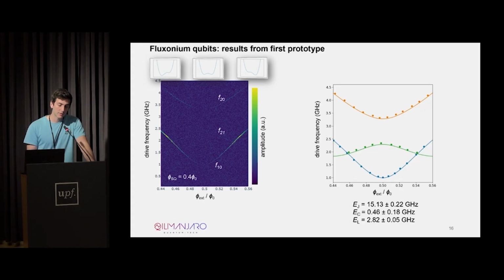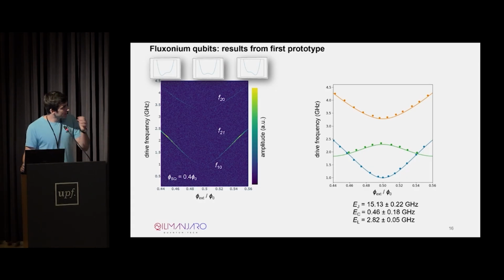This is for a particular value of flux applied to the squid loop, which is equal to 0.4 phi naught. We can identify mainly 3 lines. The most visible are the F10, the fundamental transition, and F20, but we also see very weakly the F21 transition.